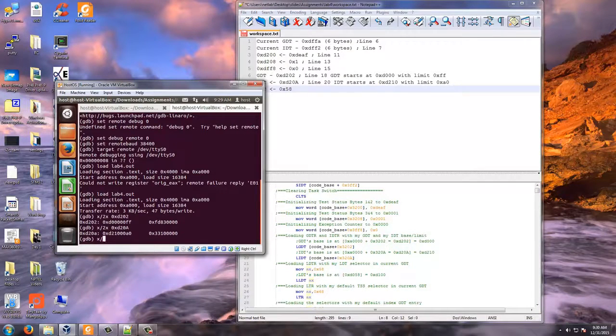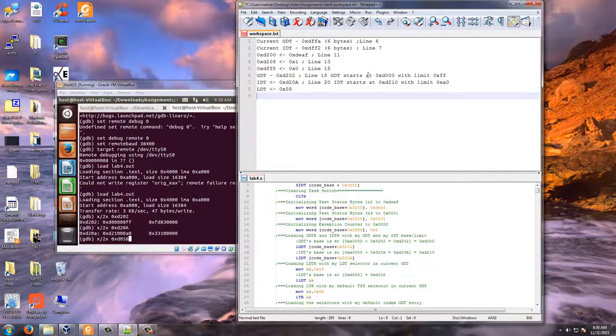It should be x slash 2x 0x D058, because 58 is in the GDT, and as you know that the GDT starts at D1000 here, as you see here on your right hand side. So we load the segment descriptor from 0x D058.